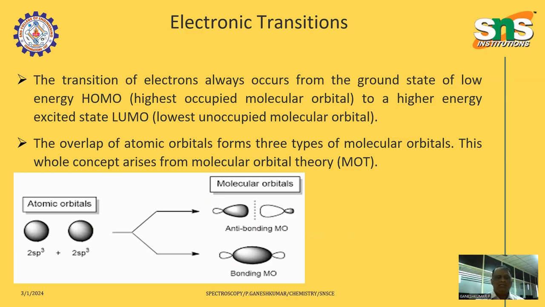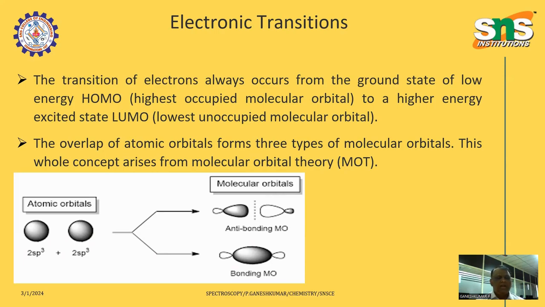So what happens when the ultraviolet light interacts with the molecules? The electrons present in the highest occupied molecular orbital get transferred to the lowest unoccupied molecular orbital.